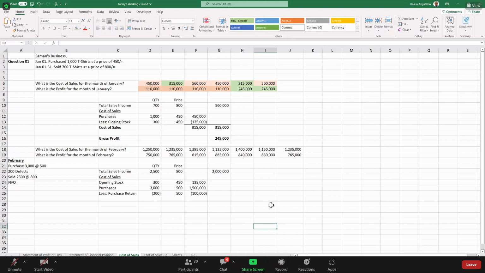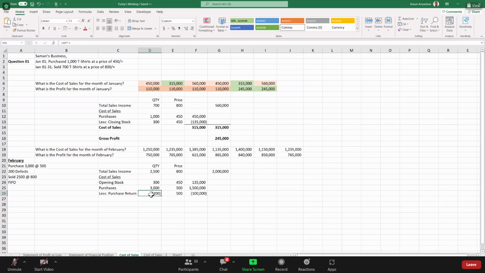Now, we have opening stock of 300. We have purchased 3,000. So the stocks have become 3,300. And we have returned 200. So now our stock is 3,100.